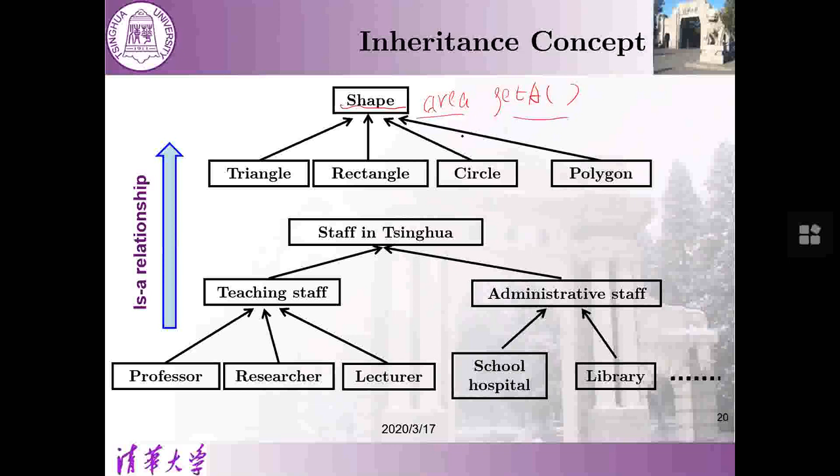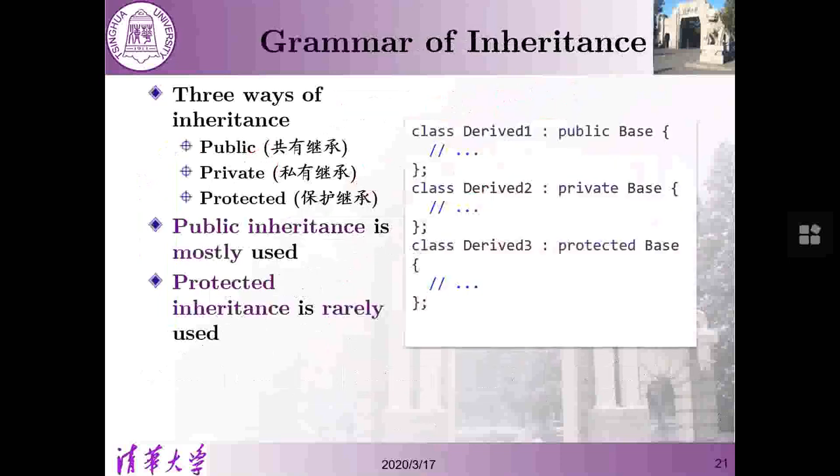Then all these shapes inherit these member variables and member functions. Also for staff at Tsinghua University, I think all of them have some salary, so this is also inherited by all the staff in this university.